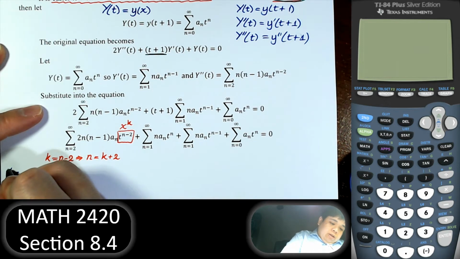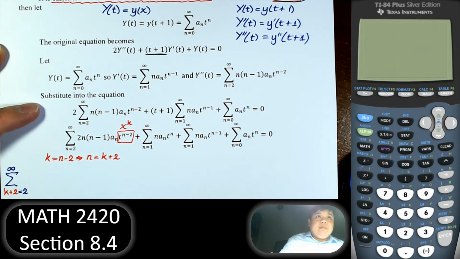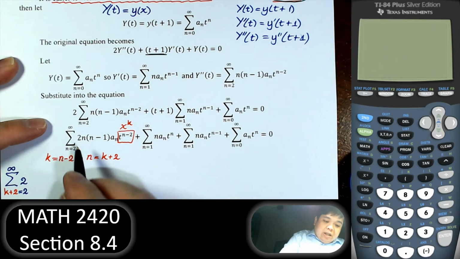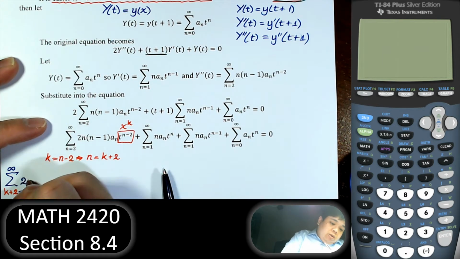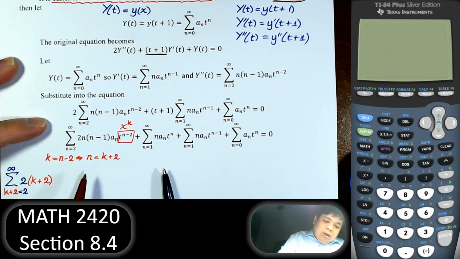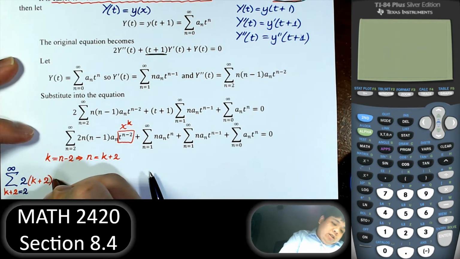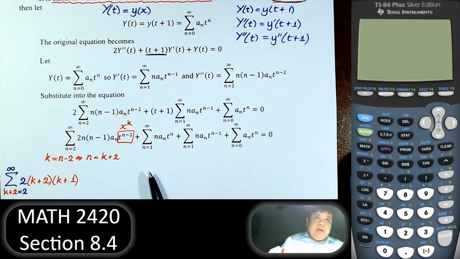Go to infinity. And then there's an n here, that's k plus 2. And n minus 1 is k plus 2 minus 1, which is k plus 1.